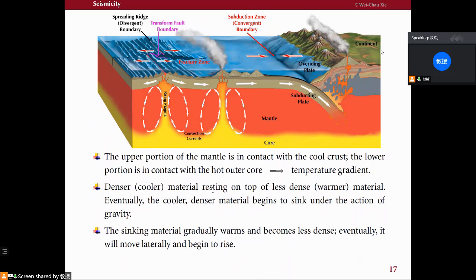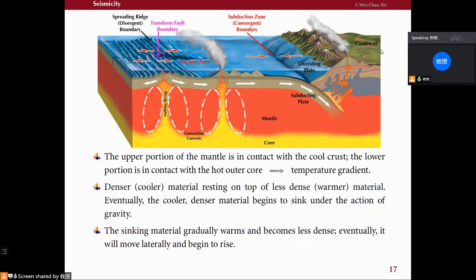So the denser, cooler material is resting on top of the less dense, warmer material. When the material becomes warmer, it becomes less dense. Eventually, the cooler, denser material begins to sink under the action of gravity. The sinking material gradually warms up and becomes less dense.